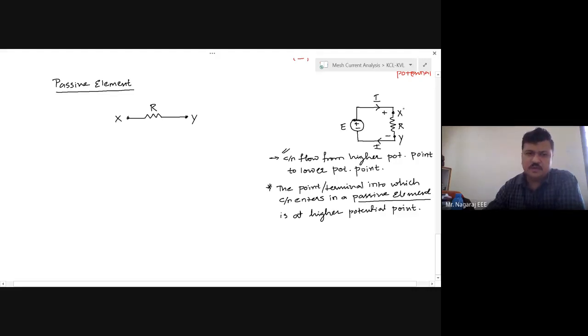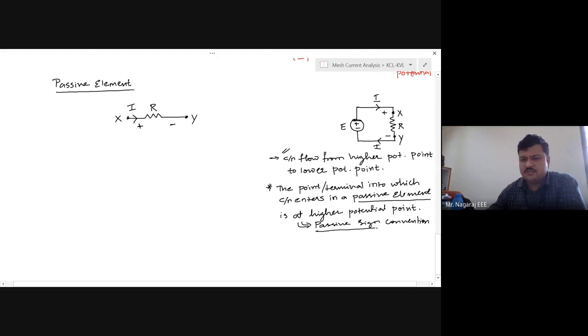Now if I consider current I to be flowing from X to Y, then X is at higher potential point and Y is at lower potential point. This is known as passive sign convention.